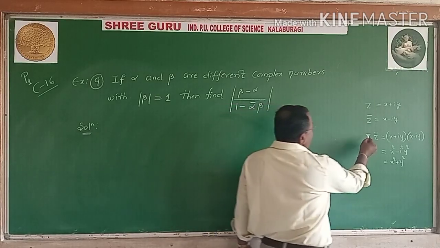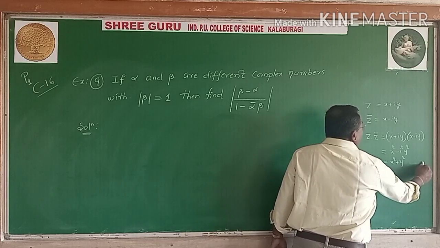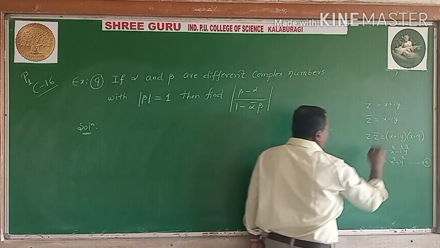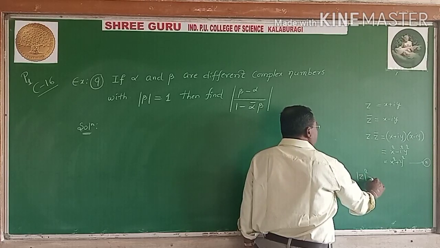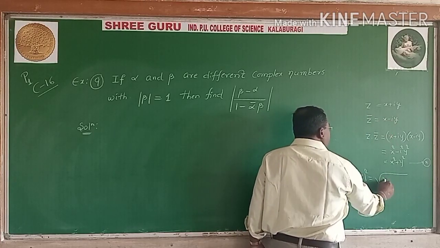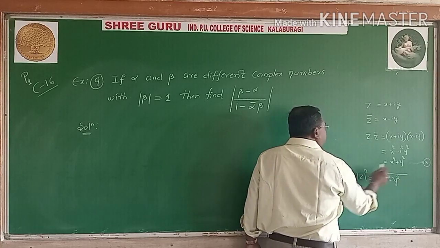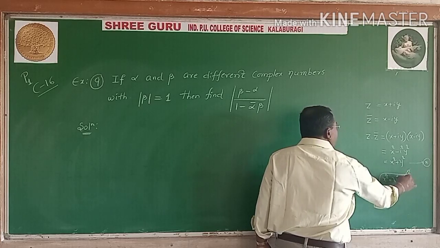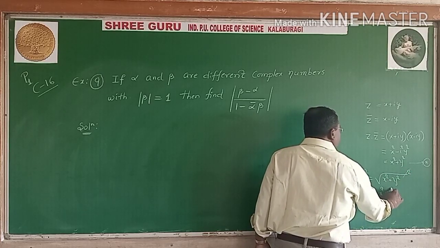Here z into z bar value is x square plus y square. Now modulus of z whole square: modulus means square root of real part square plus imaginary part square; the square and root cancel, giving x square plus y square.